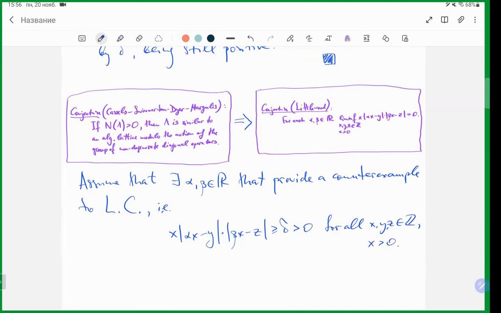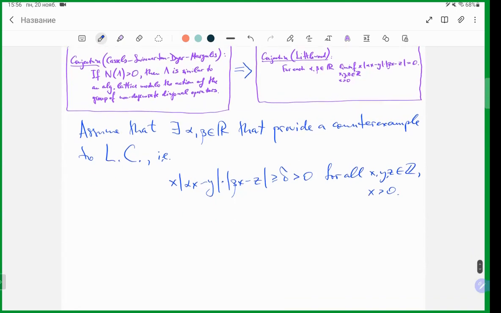Well then, okay, let us consider a lattice, the following lattice. Let it be lambda, defined as follows.